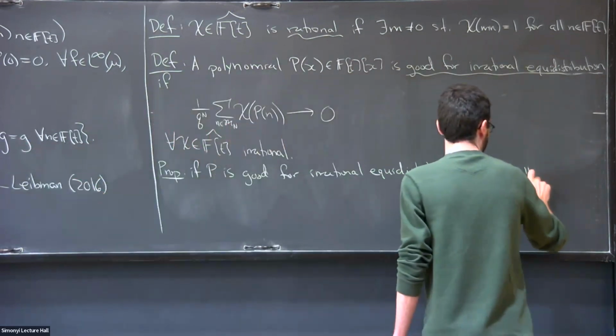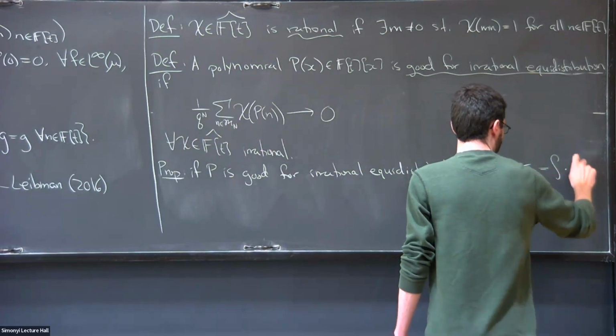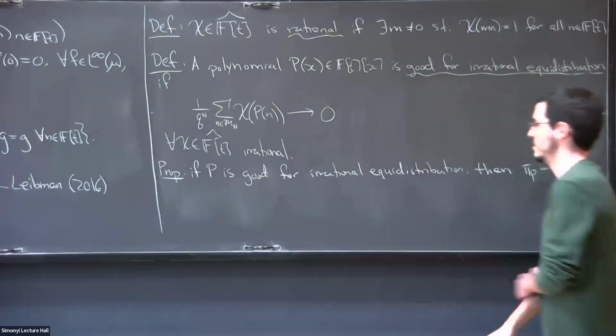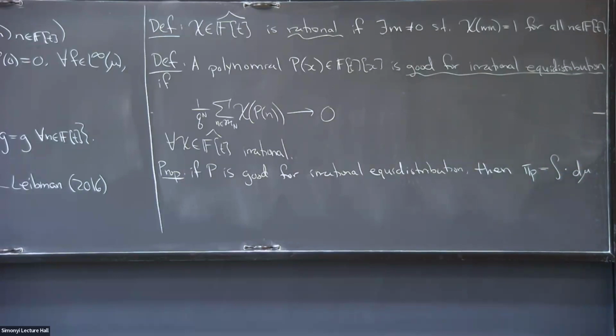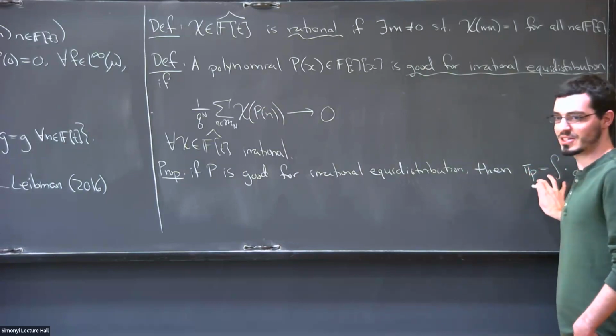And so pi P, it's just the integral of whatever function. And depending on how I do quantifiers, this characterizes being good for irrational equidistribution. So then I need to quantify over all systems and say that in every system this happens.